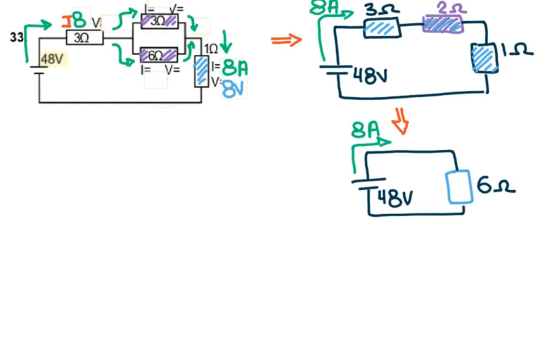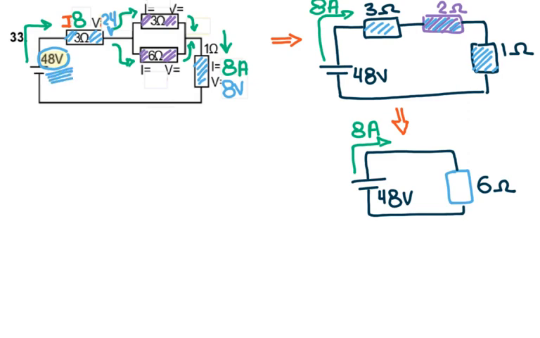And the voltage on the first resistor is again I times R, so 8 times 3 gives me 24 volt. The total voltage you had is 48, so 24 volt and 8 volt will give me 32 volt. So what I'm missing is 16 volt because the total needs to be 48.